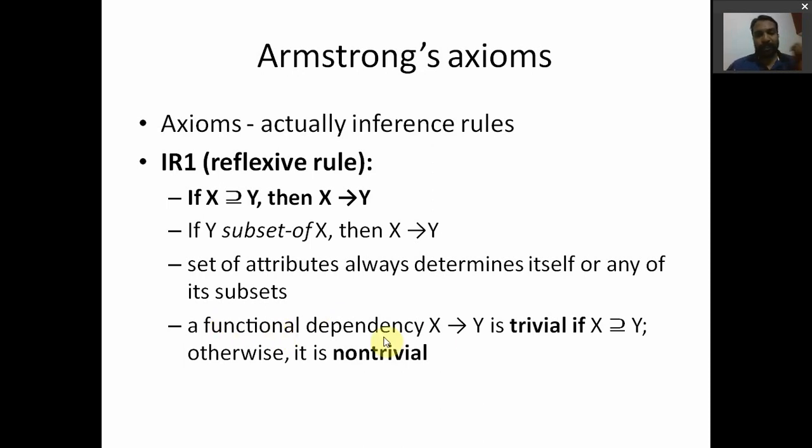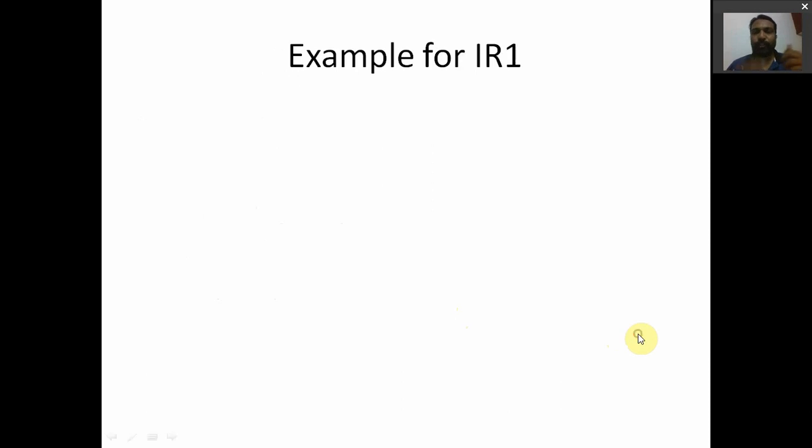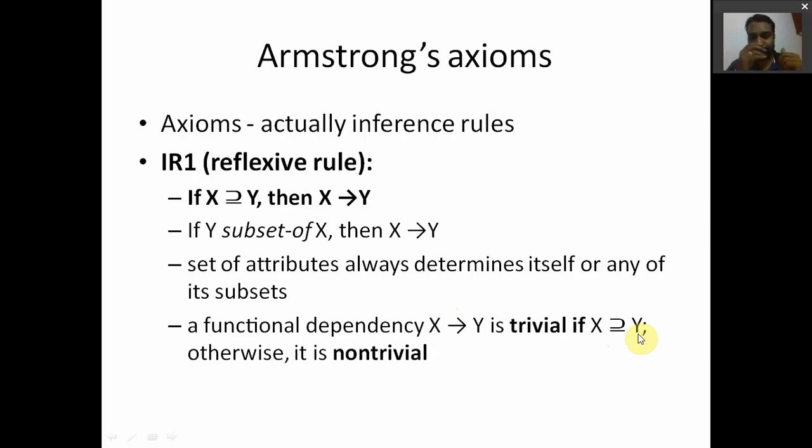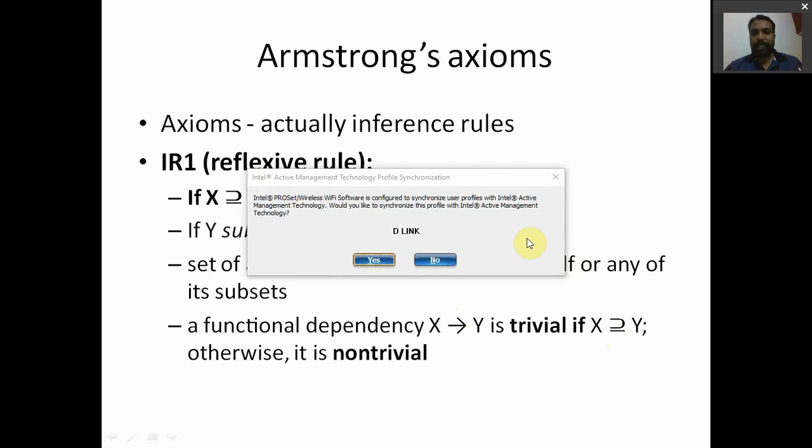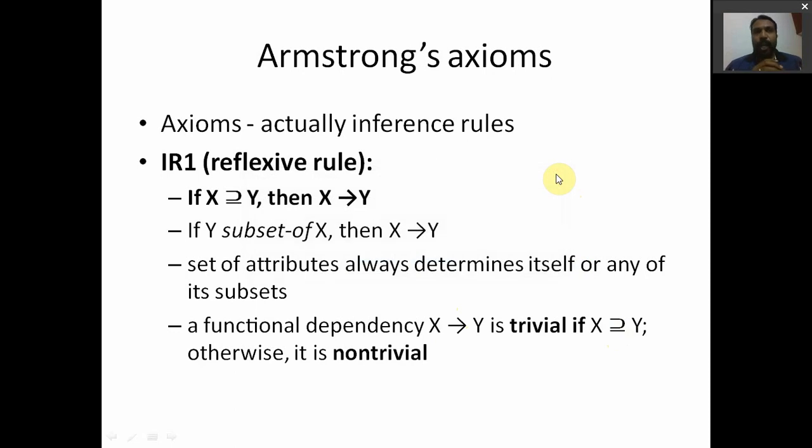Another thing to note: a functional dependency x to y is trivial. What do you mean by trivial functional dependency? A functional dependency x to y is trivial if x is a superset of y. If you have gone through the text, in the general definition of third normal form, it is mentioned that for every non-trivial functional dependency x to a, either x is a super key or a is a prime attribute.